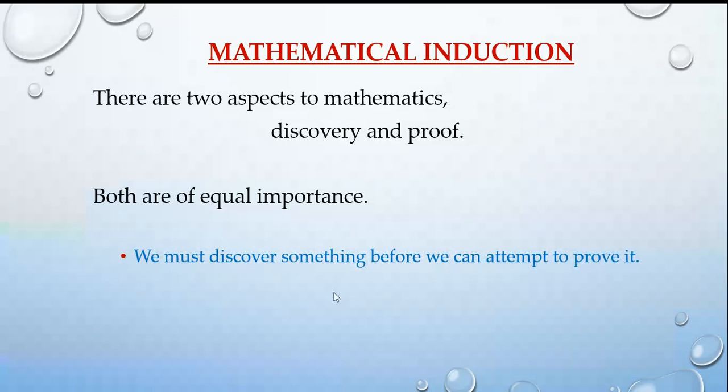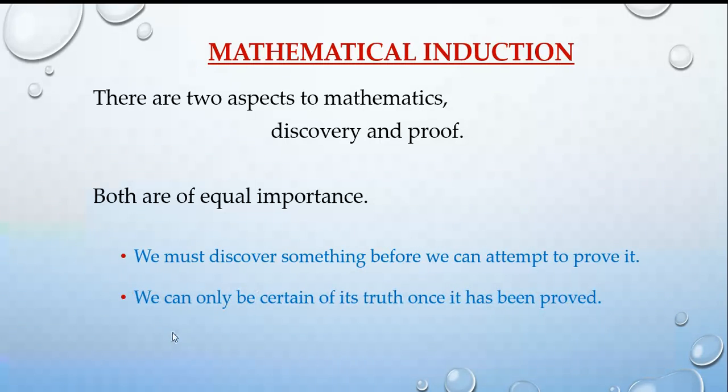So we must discover something before we can attempt to prove it, because we need some equation, some discovery, before we can prove it. And once it has been proved, then we can say that yes, this is right.